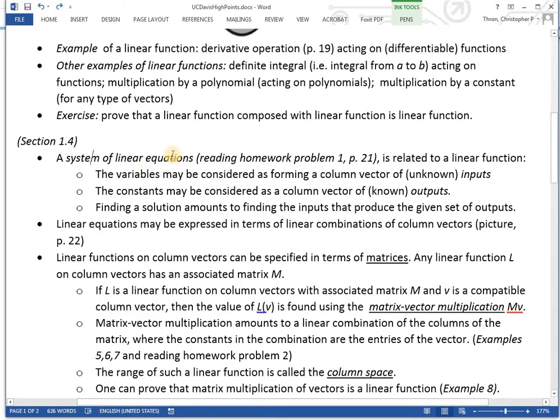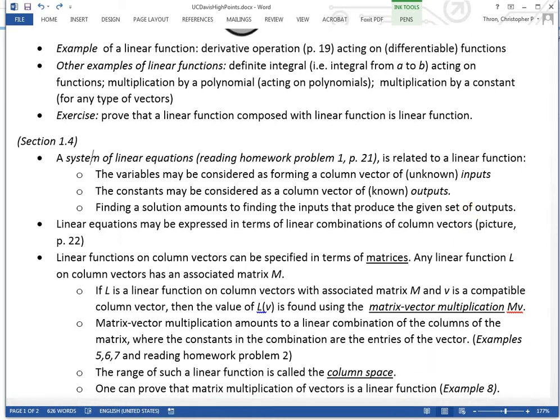A system of equations has variables, and the variables may be considered as forming a column vector of unknown inputs. So let me explain that a little bit more later, but I'll just put everything on the table first. The constants in the linear equations may be considered as a column vector of known outputs. And finding a solution to the system of linear equations amounts to finding the inputs that produce the given set of outputs.